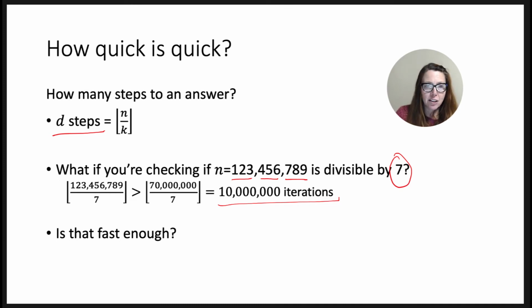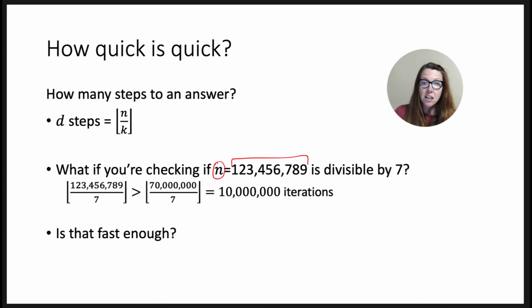We can do better. A generally accepted definition of efficient would be that it required a number of steps that is polynomial with respect to the size of the input. But the size of the input is different from the input itself. So the size of this input is 9 characters. The number is over 123 million, but the size of the input is just 9 characters.